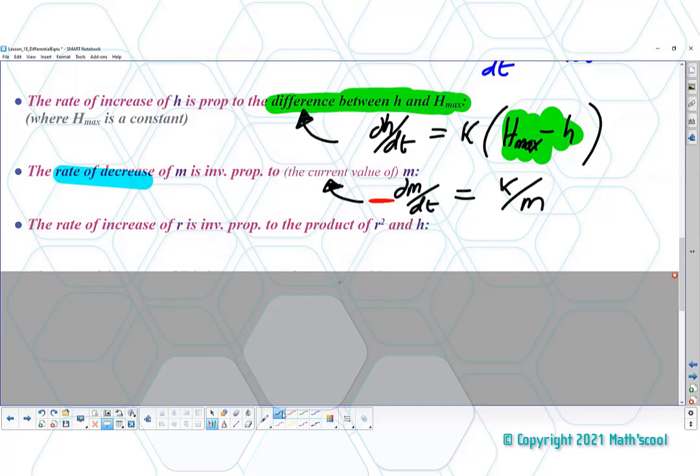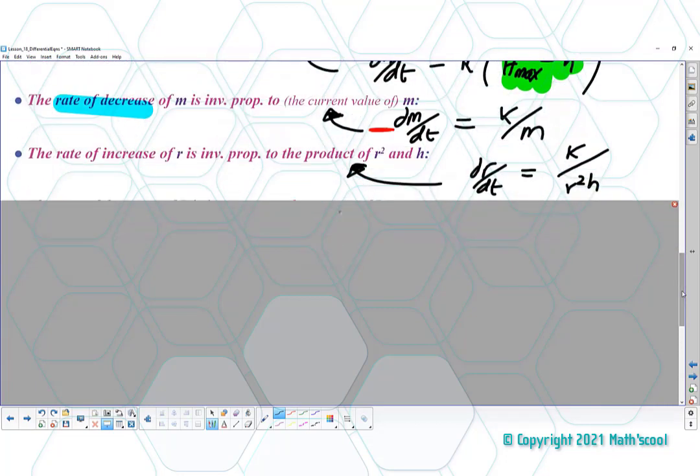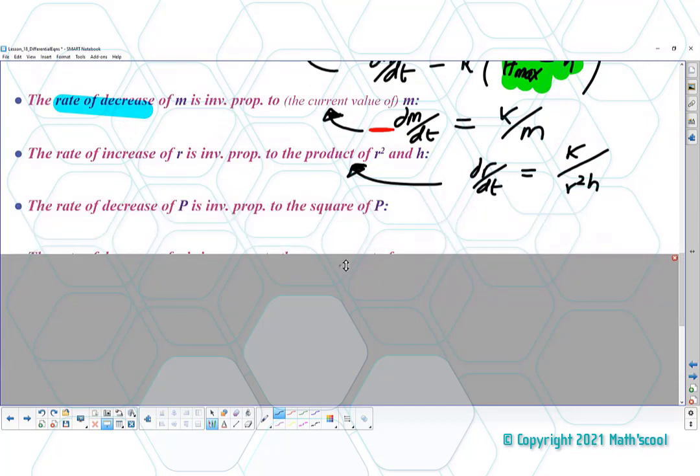Rate of increase of r is inversely proportional to the product of r squared and h. Good. k over r squared h. Perfect. The rate of decrease of p is inversely proportional to the square of p.